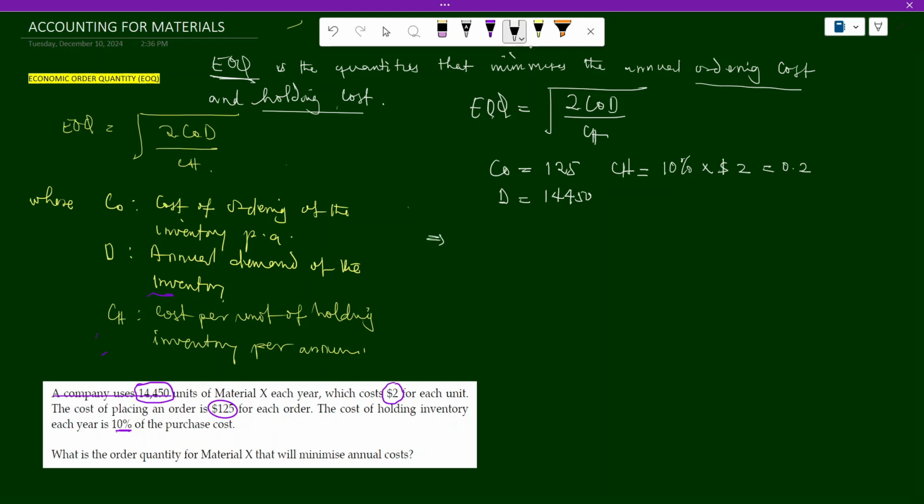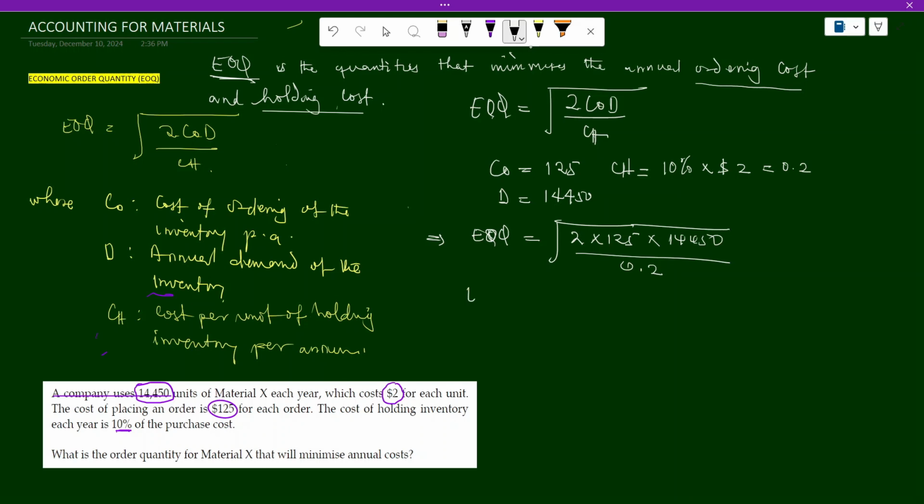Okay, so we can substitute this into the formula and calculate the economic order quantity. So this implies that the economic order quantity is going to be the square root of 2 times 125 times 14,450 divided by 0.2.